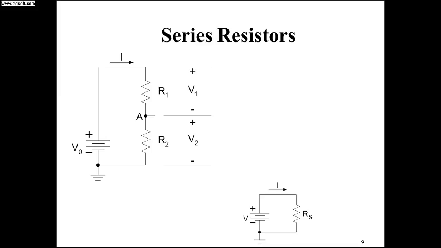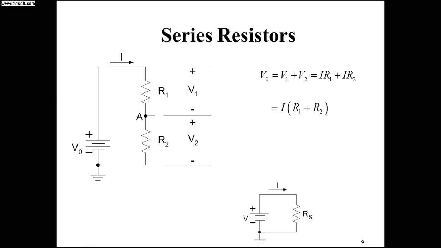Let us consider the same series circuit with two resistances R1 and R2. Let us now find the equivalent resistance by writing the voltage expressions. We know V0 is equal to V1 plus V2. Now applying Ohm's law, V1 is written as I into R1 and V2 is expressed as I into R2.